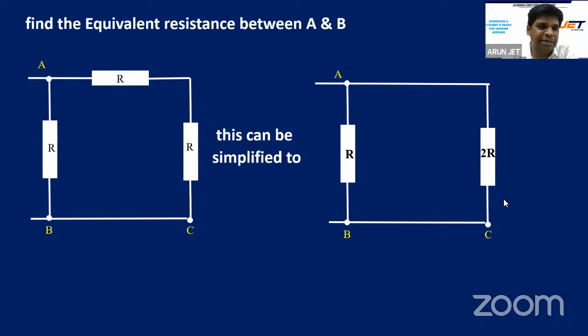Yes, Gayatri, that's parallel. Now R and 2R are in parallel. Excellent. Before, R and R were in series, it's like a tongue twister to me. R and R were in series, but now this R and 2R are in parallel. Agree with that? You all agree with me?